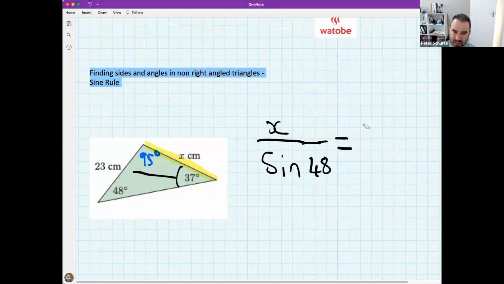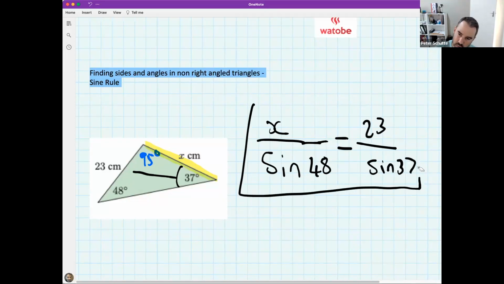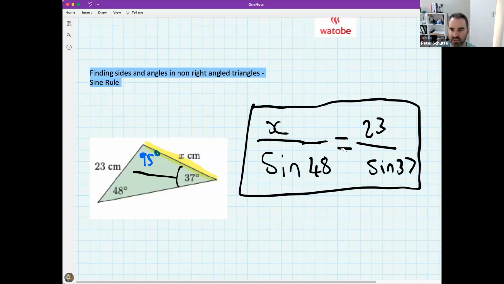So I'm going to put the side on top, and on the bottom, I'm going to put the sine of 37. This is what the sine rule says: if you've got a pair of angles and sides, the side divided by the sine of its angle is equal to the other side divided by the sine of its angle.